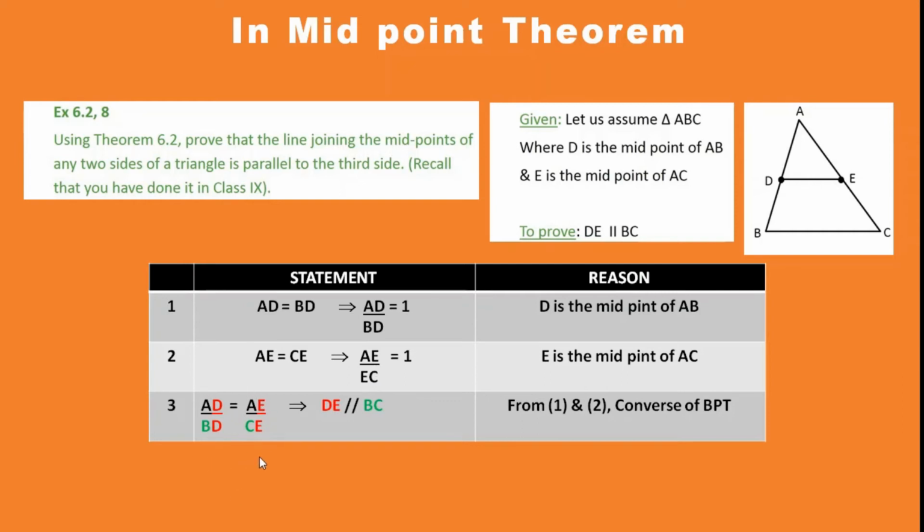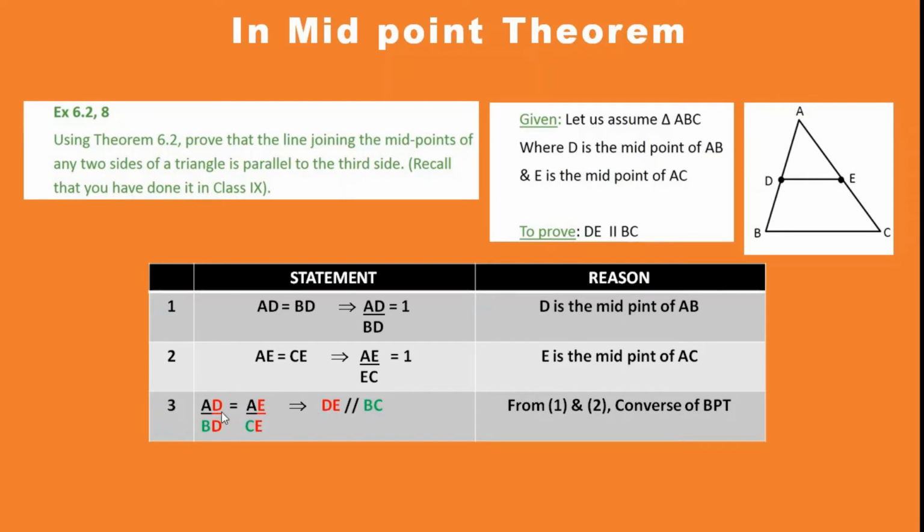We are applying the converse of BPT now. For applying the converse of BPT, we need to prove a pair of lines parallel. In this figure, if AD upon BD is equal to AE upon EC, then DE becomes parallel to BC. For easy identification, you can observe that D and E are the two common alphabets in the respective numerator and denominator in the two ratios.